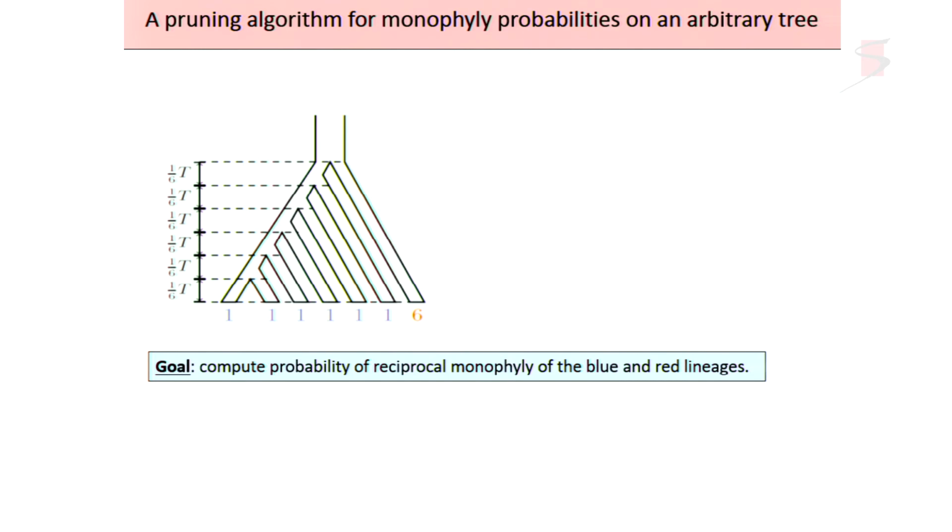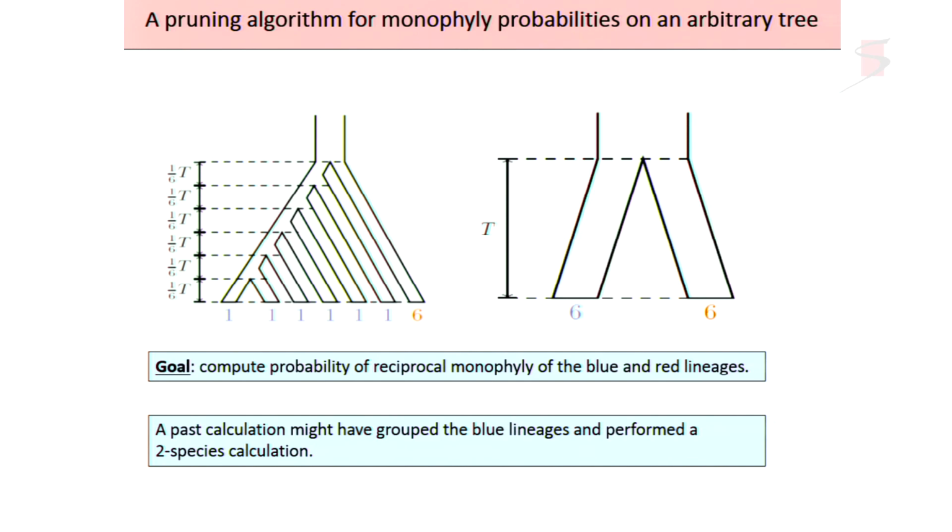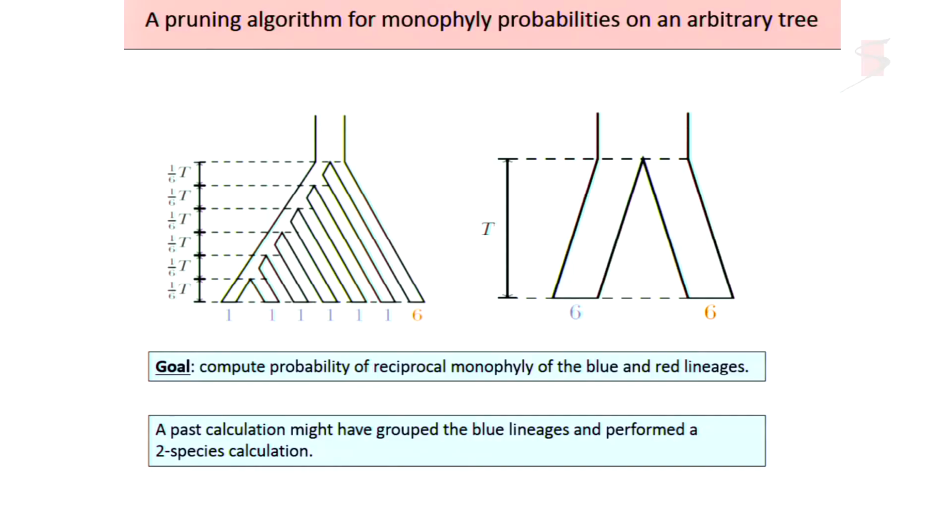Using a 2-species approach, we might be forced to lump those 6 blue lineages together and compute reciprocal monophyly using a 2-species tree. That's what the past calculation would have entailed. It's then interesting to compare the probability of reciprocal monophyly in these 2 cases: one that allows the multi-species gene tree to be used, and one that forces them into a 2-species tree.